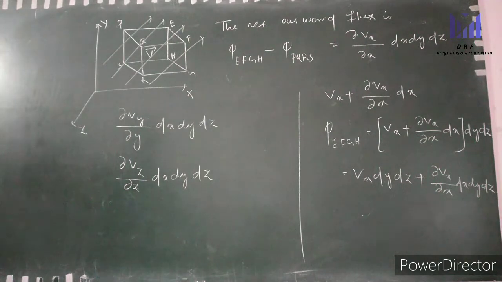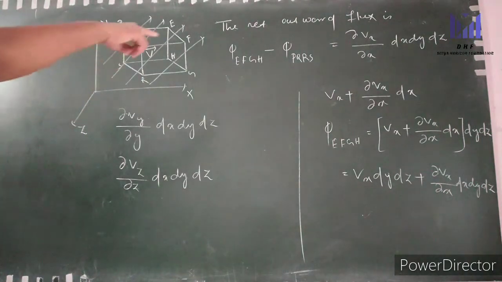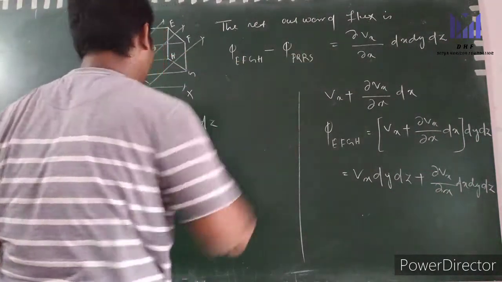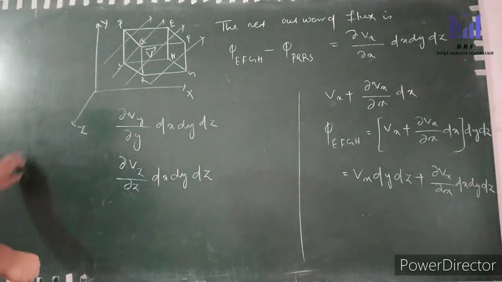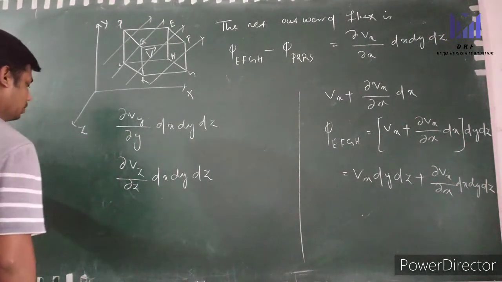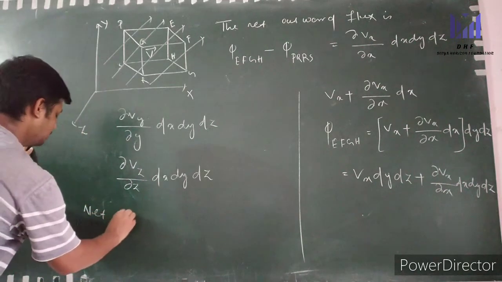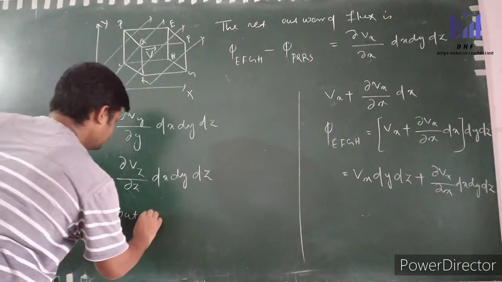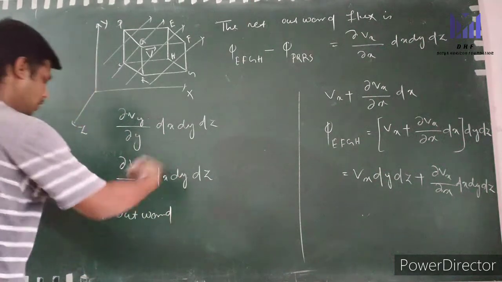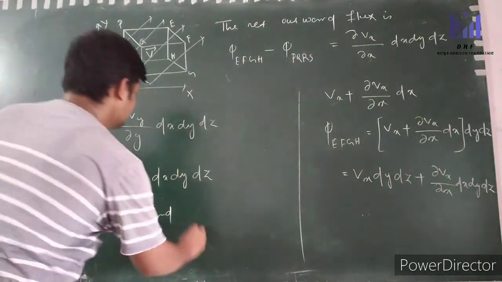If we calculate the total outward flux, we will add these three, and from these three we can take dx dy dz outside as a common term. Then we will get the net outward flux, or net flux coming out of this volume.